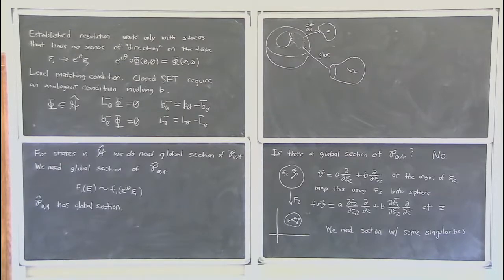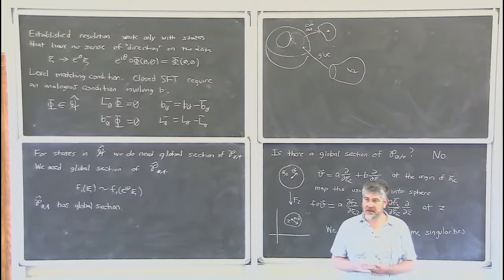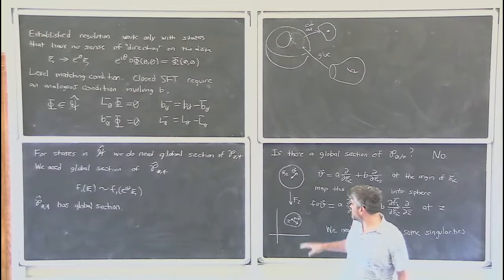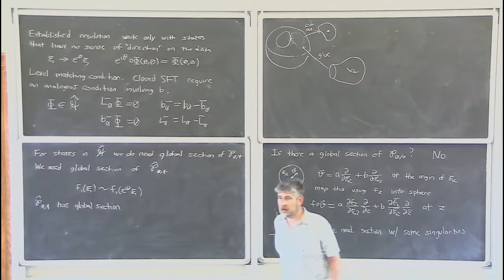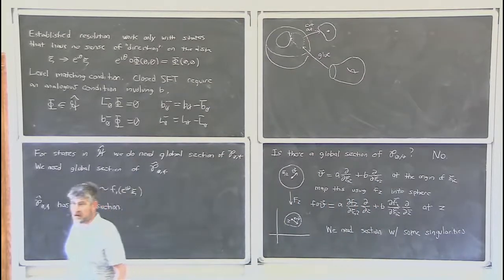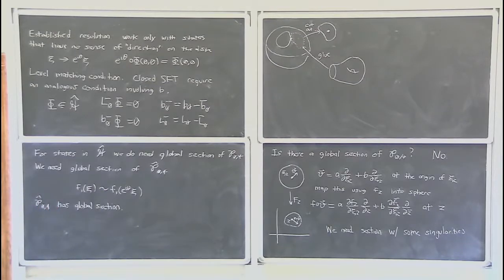In this way, we've motivated the appearance of the level matching condition in closed string field theory in terms of some kind of topological problem on the Riemann surface. This is the claim.